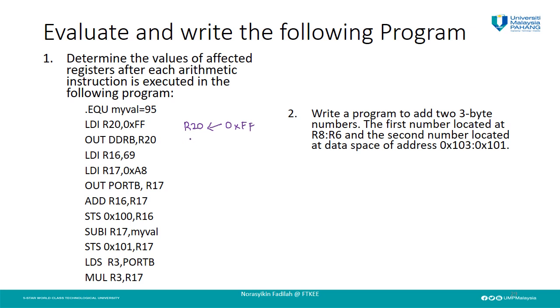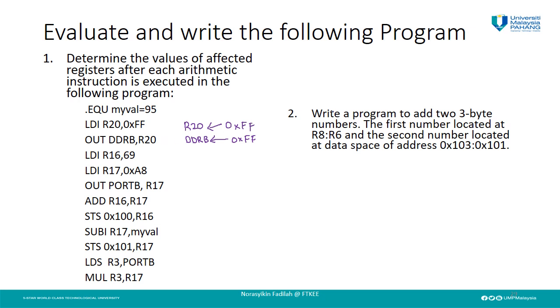What happened here is DDRB will be loaded with R20, which is FF. So try to evaluate all the rest of the lines, and then you need to verify it back using the Atmel Studio 7.0.